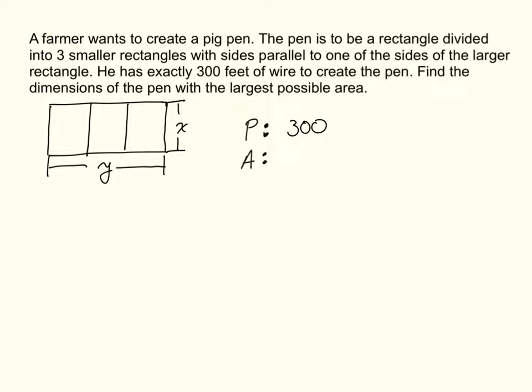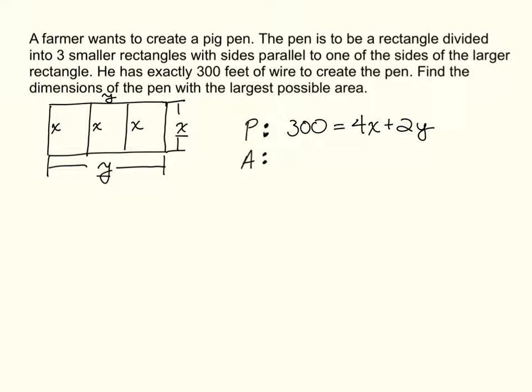The 300 feet of fencing needs to cover 1x, 2x's, 3x's, 4x's of fencing, and 1y and another y, so 2 y's of fencing. It needs to cover all of that length.